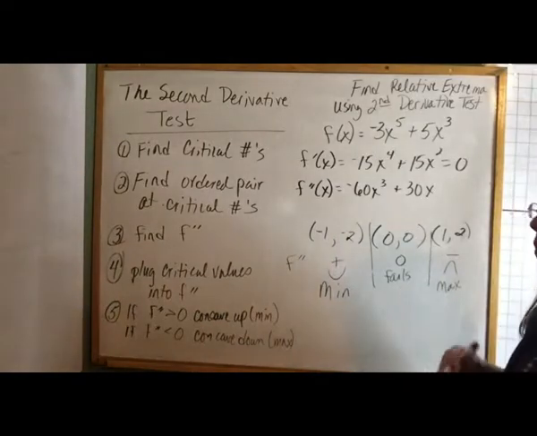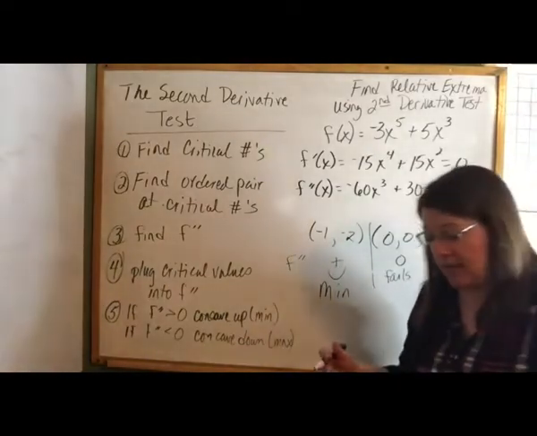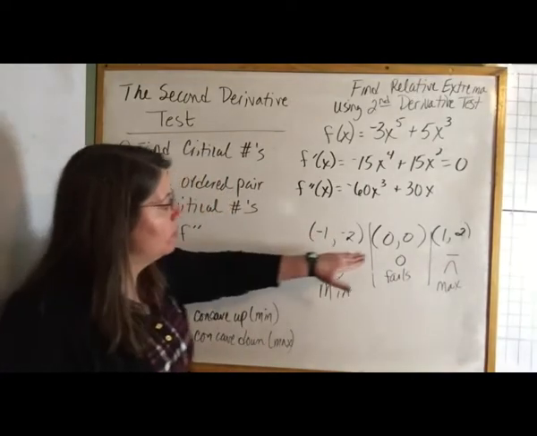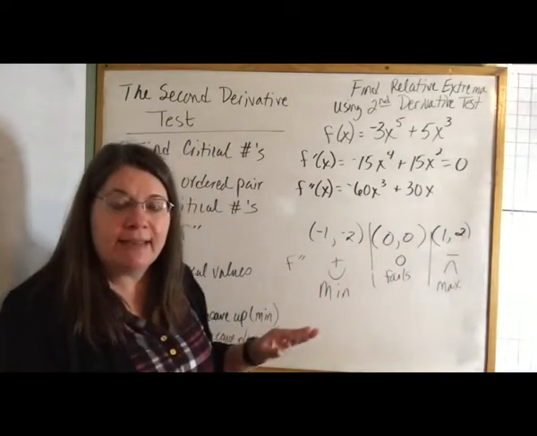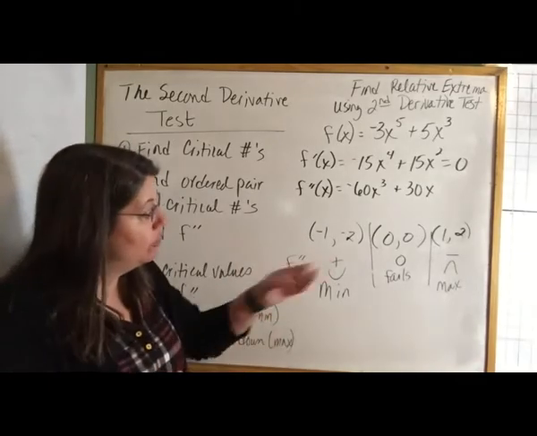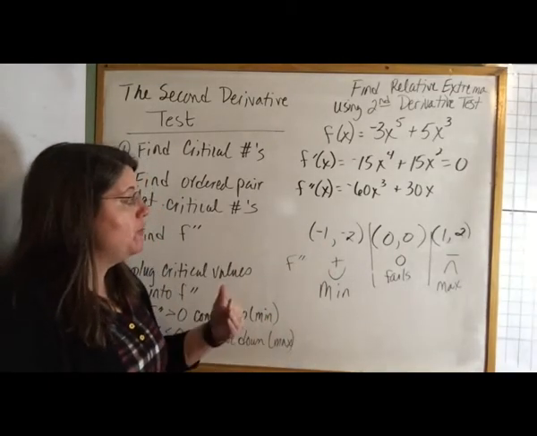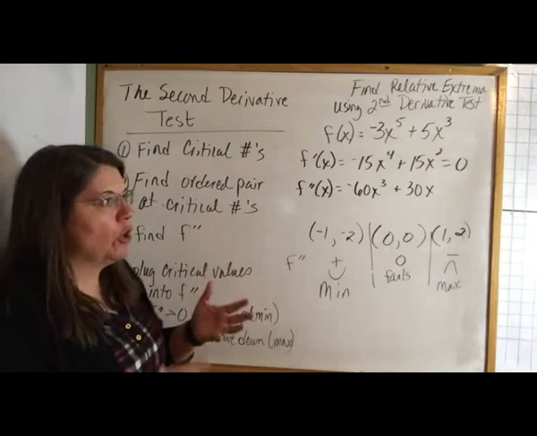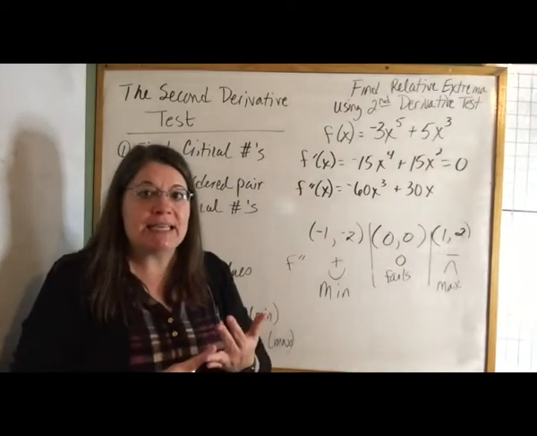So if you think about what we did with the first derivative test, since 0 is a critical value, we would test the intervals leading up to and on the other side of that critical value of 0. Our critical values, remember, were plus and minus 1 and 0.